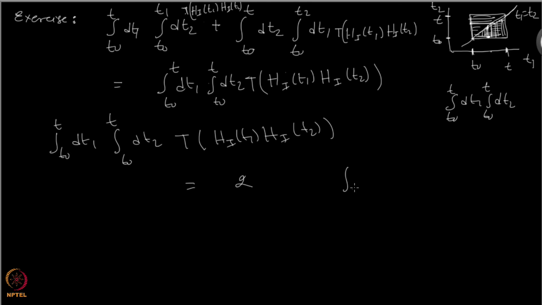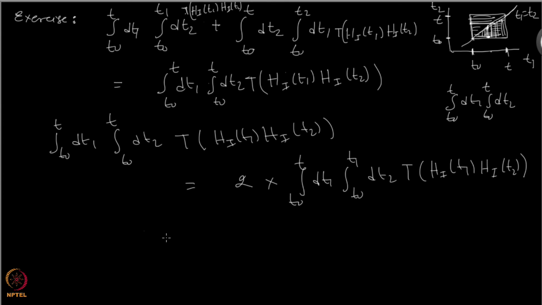Okay, so integral t0 to t1 dt2 of the time order product hi t1 hi t2, this one is integral dt1 from t0 to t, 2 times this. Okay, so this is good. This is good because let me take this 2 to the other side and write it as 1 over 2.